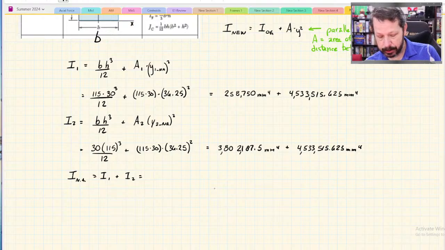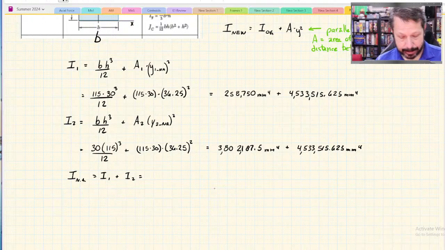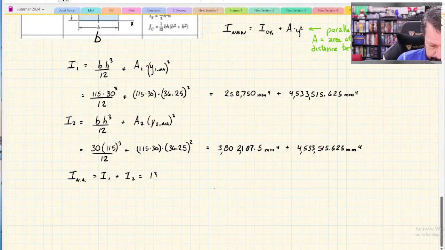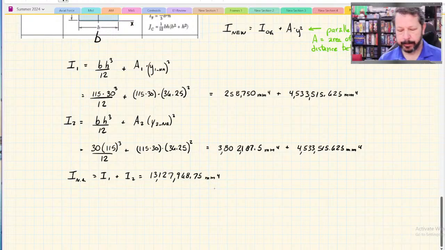I'm going to say times 2 because there are 2 of those numbers. Plus 3,802,187.5. So if I did all of that adding correctly, I have 13,127,968.75 millimeters to the fourth.